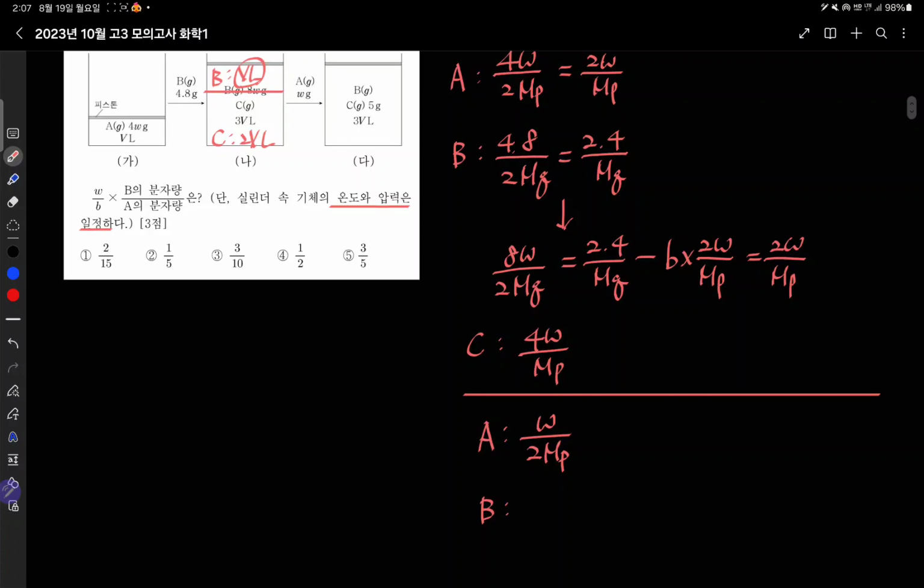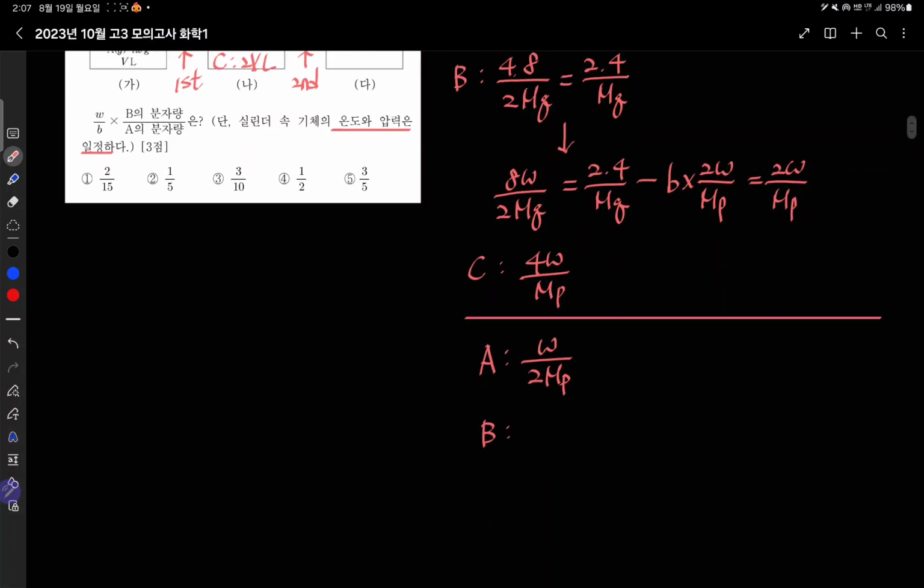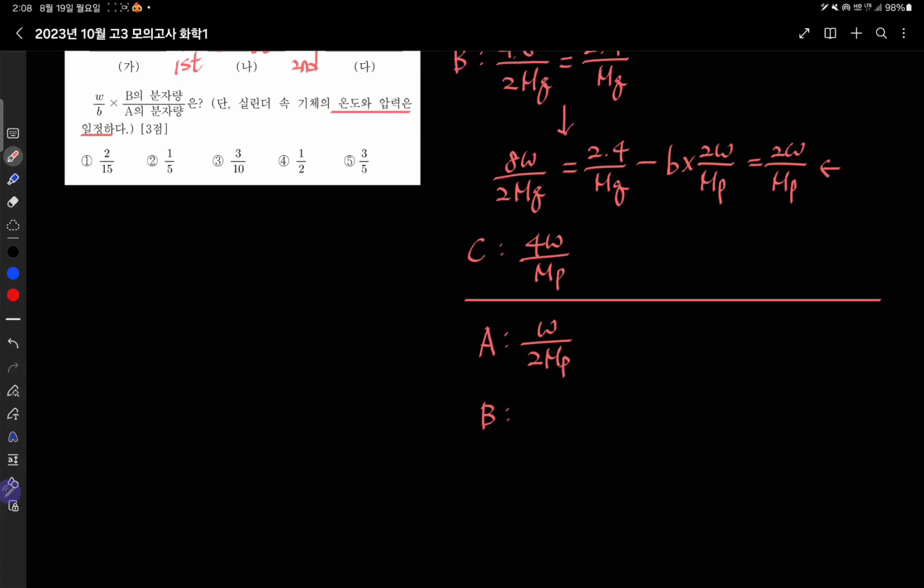So the amount of leftover in gas B after the second reaction, from this first, subtract b times the amount of gas A introduced. That's the leftover after the second reaction.